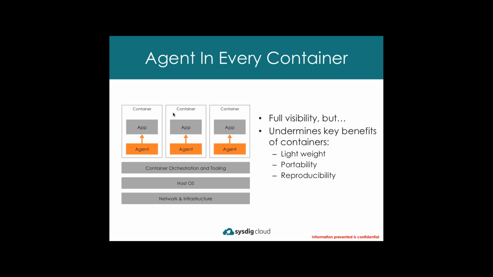Really what's happening is we're going to be undermining all of the benefits that we talked about that stem from that core container technology. We're burdening those containers with an extra agent, meaning we're not only going to have the software of the agent in there, but all of its dependencies, like languages, like we might have to put Java in there, or whatever else that's going to balloon up the size of that container.